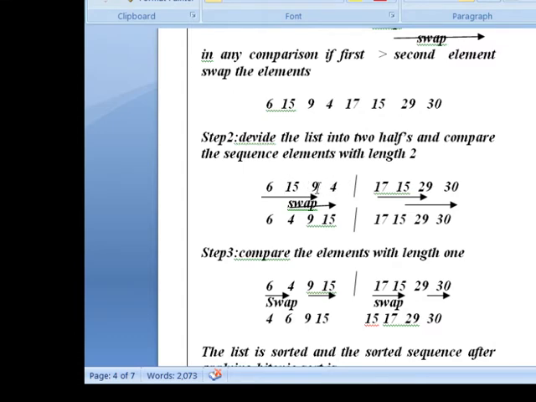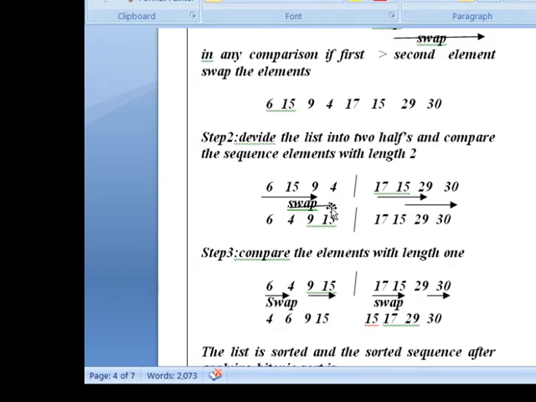For 6, 9 the output is 6, 9 only. For 15, 4 the output is 4, 15, because the smallest value comes first, then the greater value. This is the comparator operation.